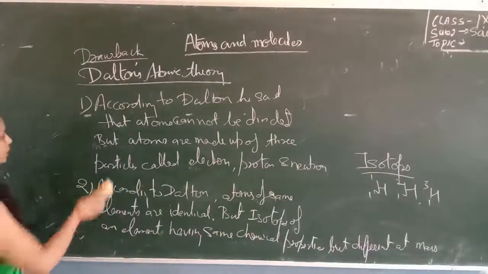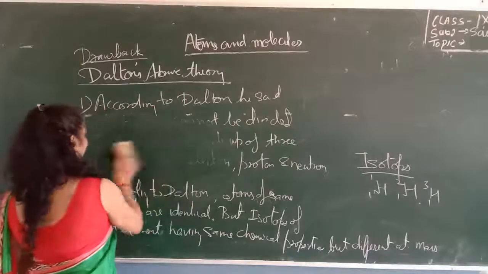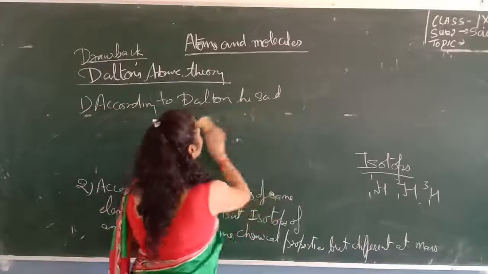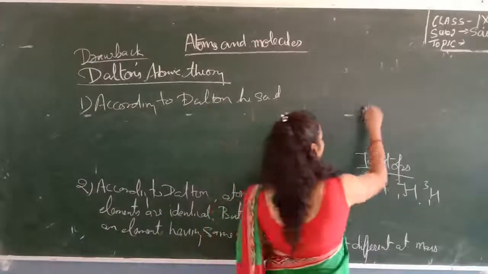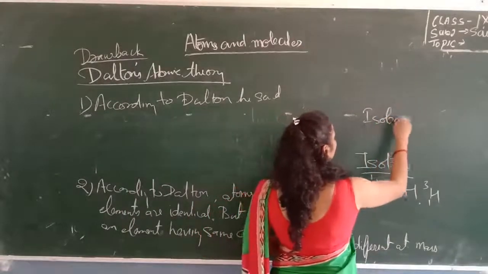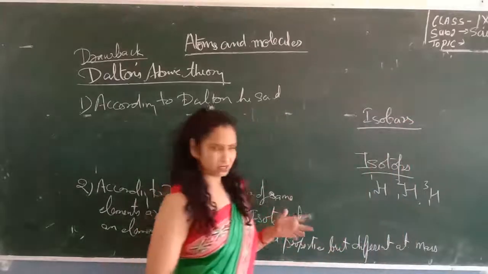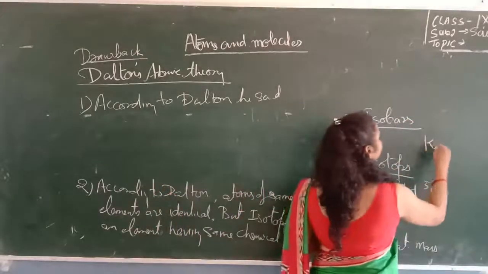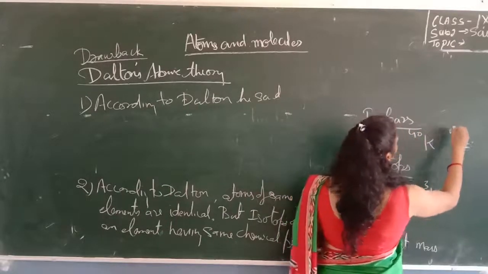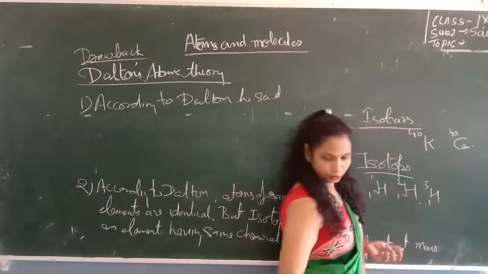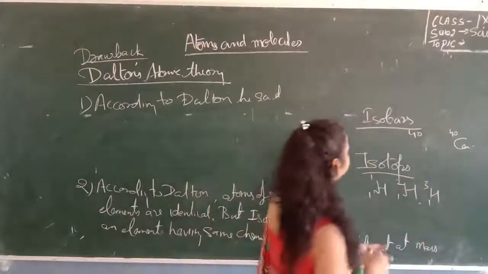And the third drawback: isobars. I know you have not heard this word before, so now I am going to explain isobars. Isobars are those elements which have the same mass number but different atomic number, for example argon and calcium.